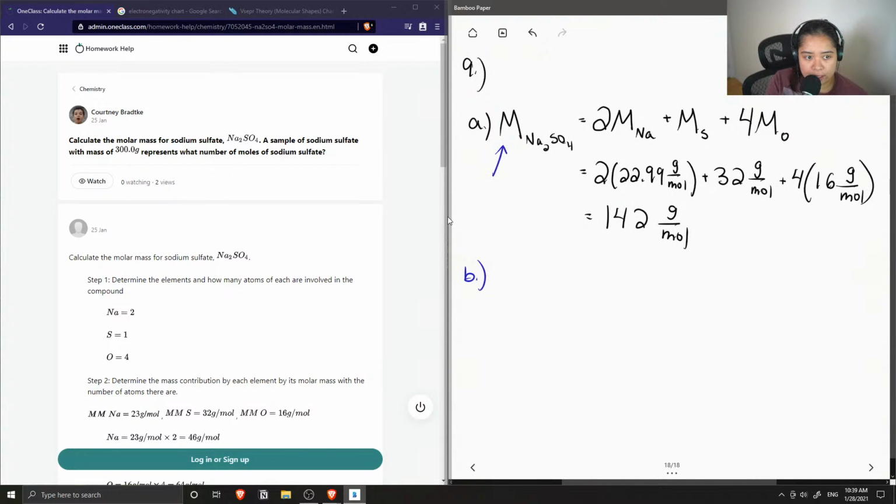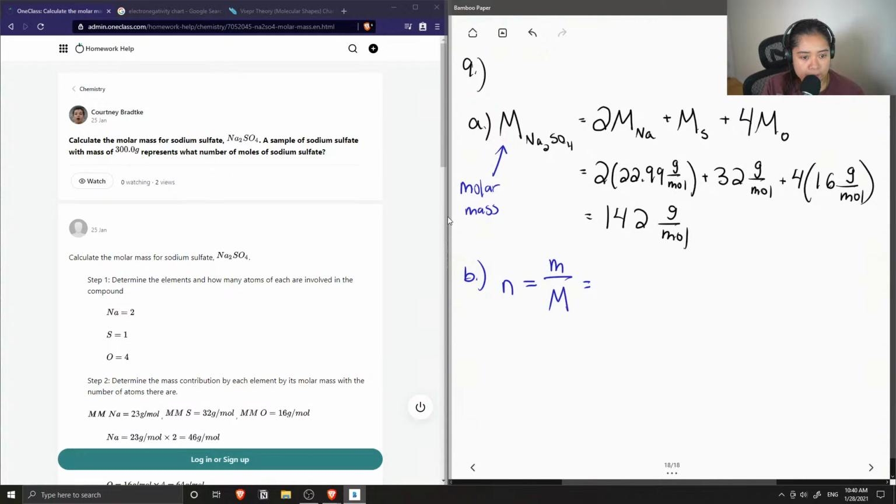where capital M is molar mass. And when we solve for part B, we know the mass is 300 grams. What is the number of moles of this amount of sodium sulfate? To answer this question, we'd use the equation number of moles is equal to mass over molar mass.